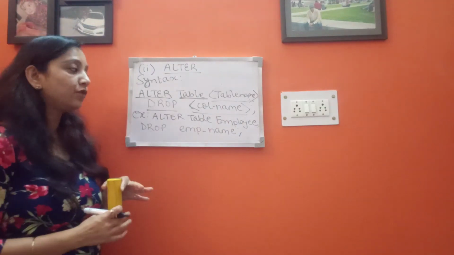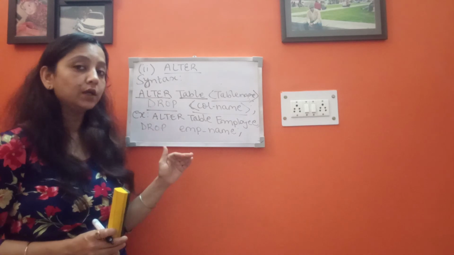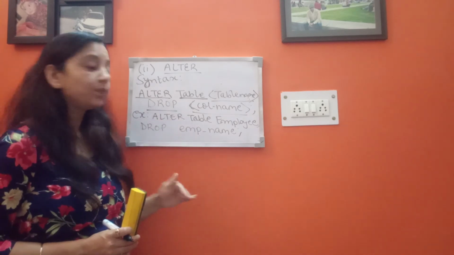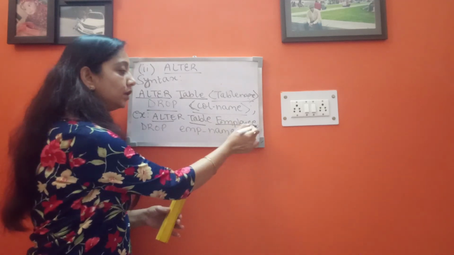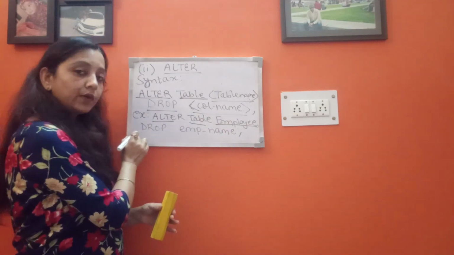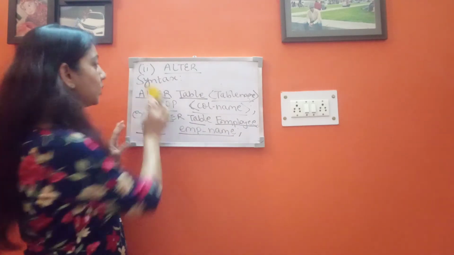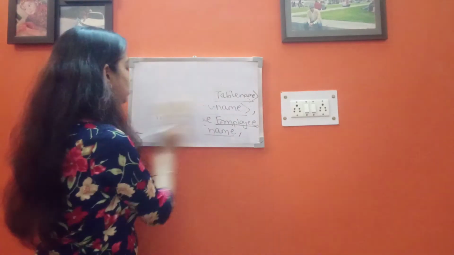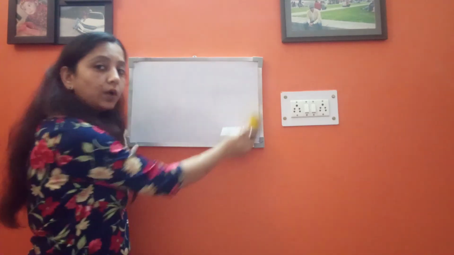Now for example, from the employee table I want to delete the employee name column. What will I do? I will say alter the table, which is employee. What alteration I want? I want to drop the employee name from the employee table. So these were the uses of the alter command. This is how we can alter the database objects using the alter command.